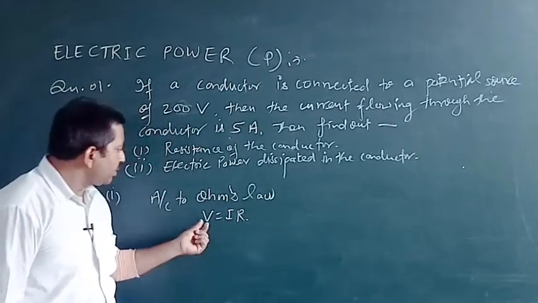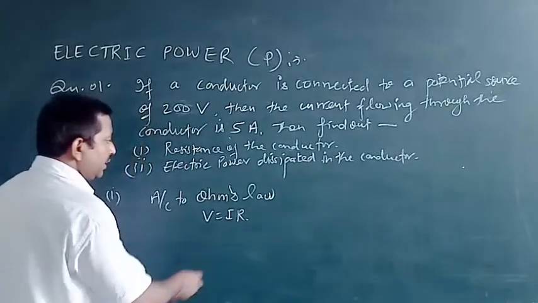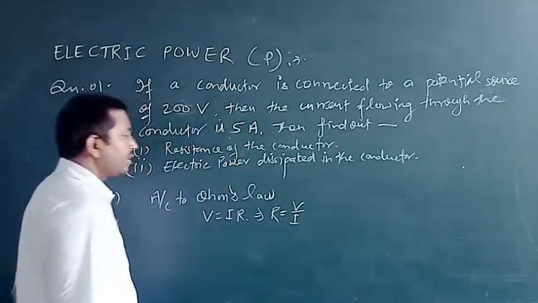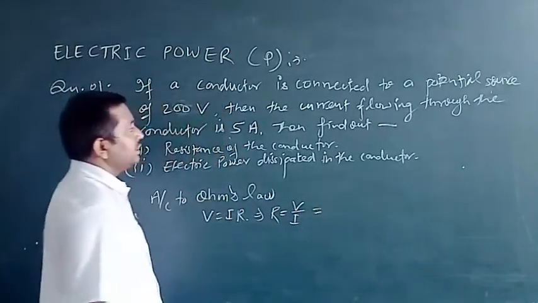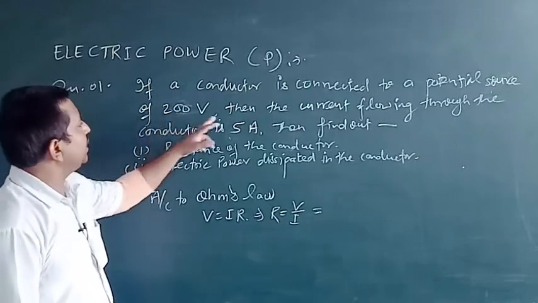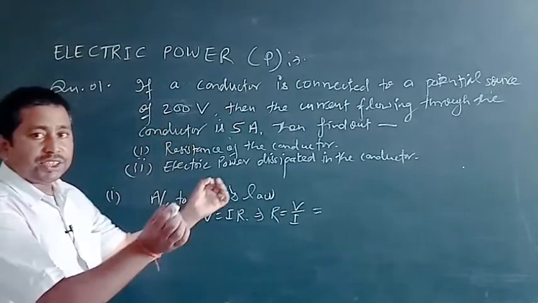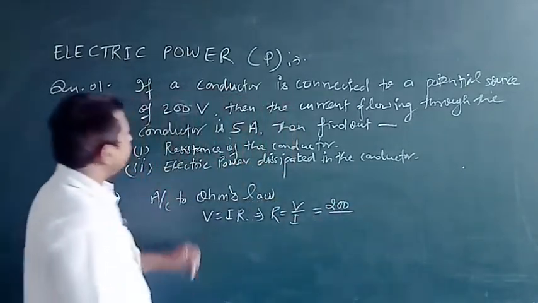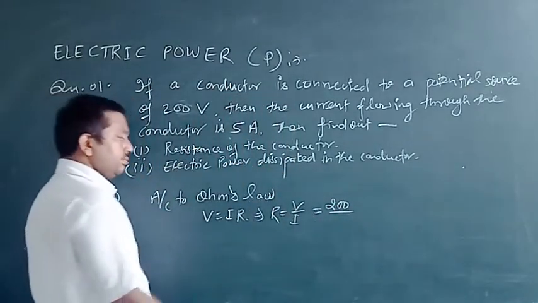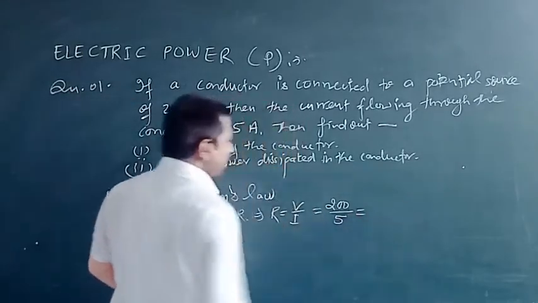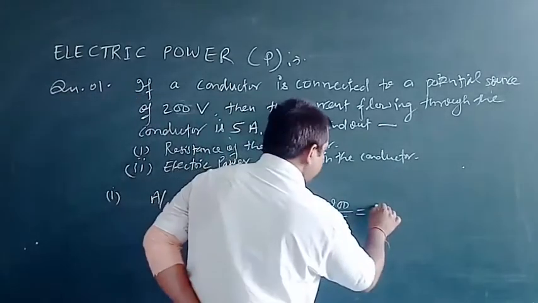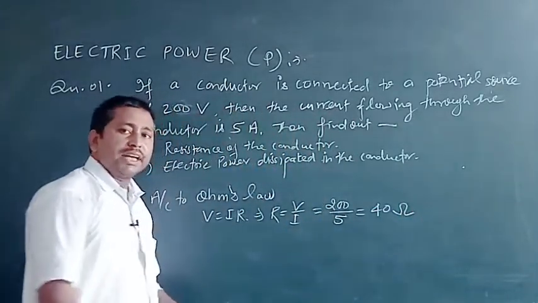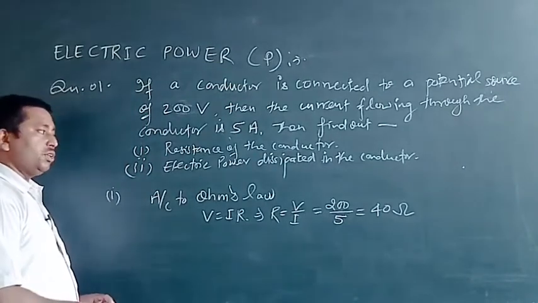So V is equal to IR, and from here we get R is equal to V by I. In the question it is given that the potential source to which the conductor is connected is 200 volt, and the current flowing through the conductor is 5 ampere. So the resistance will be 200 divided by 5, it means 40 ohm. So the resistance of the conductor is 40 ohm.